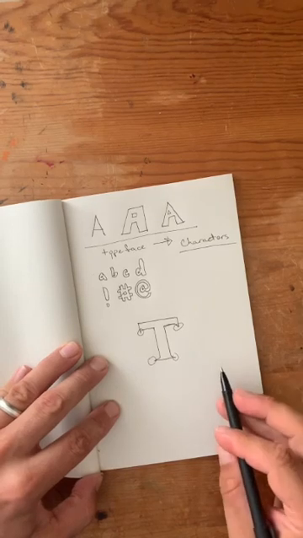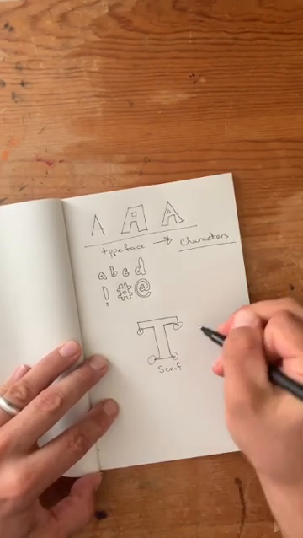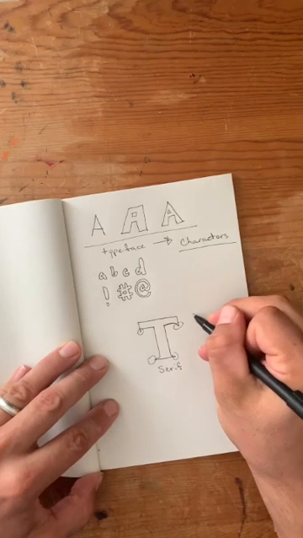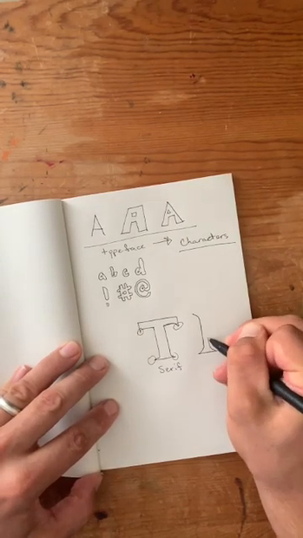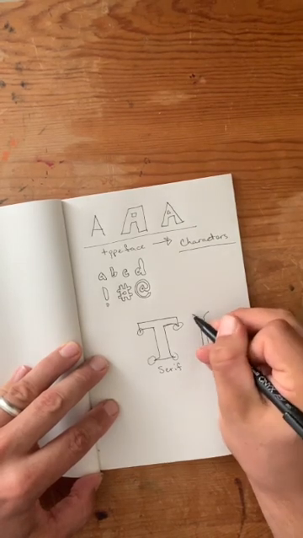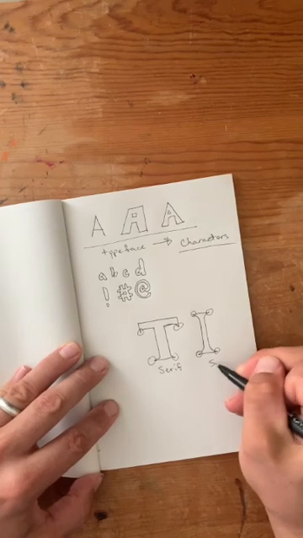When you add those little lines, that's a serif. So, like when you see the letter I and it's like this, those are serifs.